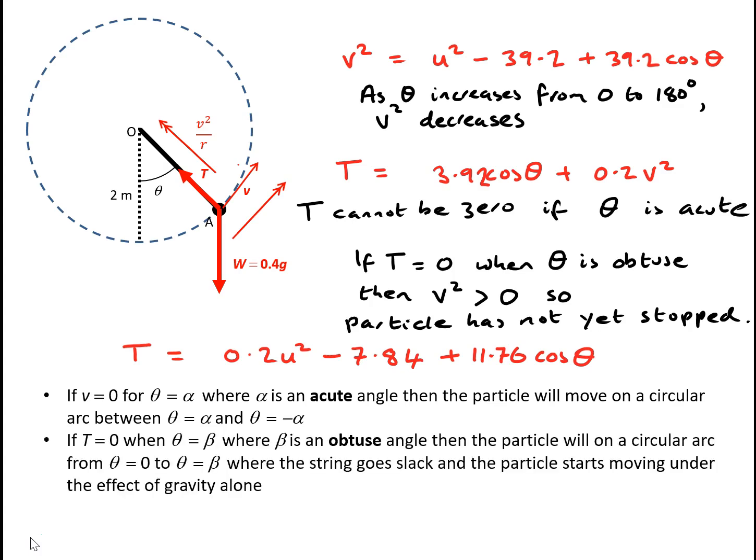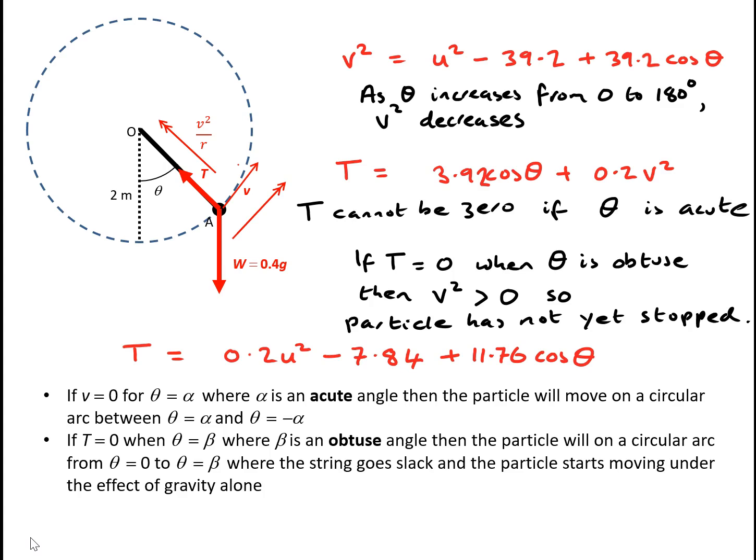Or there's a possibility that t equals 0 for some obtuse angle, and at that point, if t equals 0, from then on the particle will be moving with an initial velocity of little v, whatever little v is at this particular point, and under the action of just the weight.